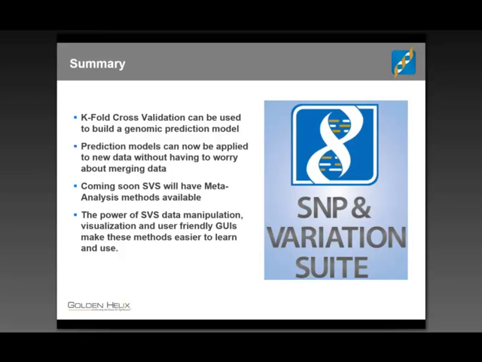We'll also tell you the sample sizes. If it's a case control, we'll tell you how many cases were used for that marker, how many controls we used for that marker. If it's a quantitative phenotype, we'll just tell you the number of samples we used for that particular marker or test. We'll make sure that you have what you need in SVS moving forward to perform meta-analysis on all of your GWAS results.